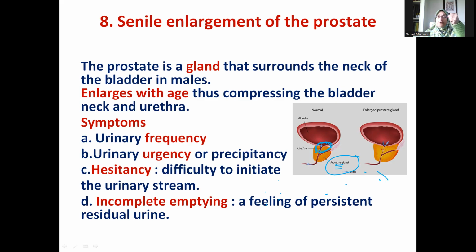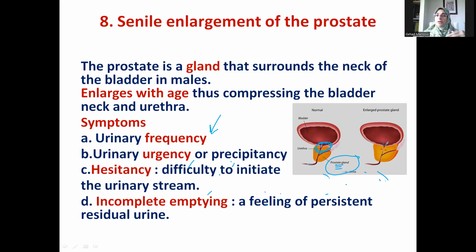You can imagine what would happen if it compresses the urethra. First of all, the process of micturition is not easy. The old male goes to the toilet and tries evacuating the urine, but it is not evacuated completely.